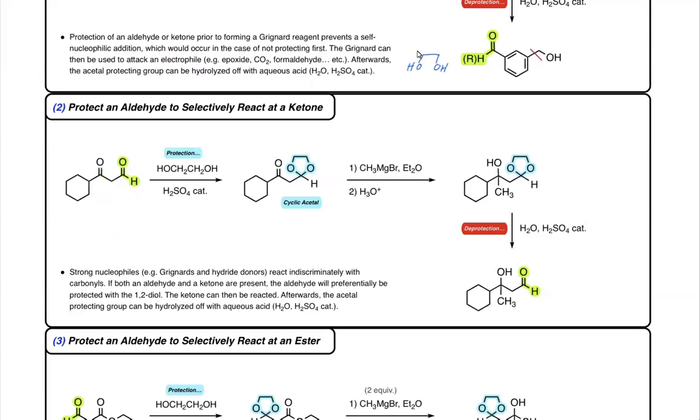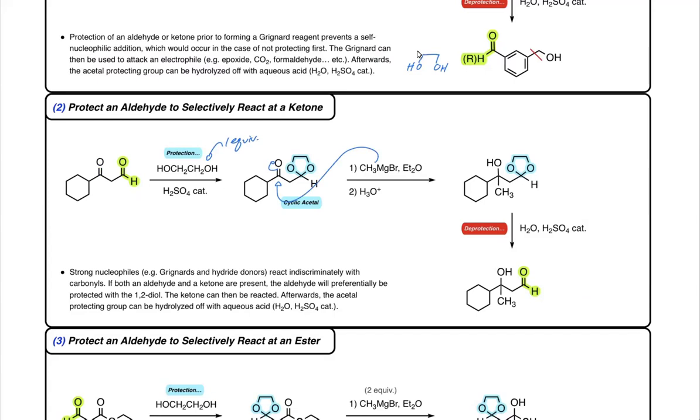So if we want to preserve that aldehyde but react the ketone preferentially, we will react with our 1,2-diol. We're going to assume that that's included in a 1 equivalent amount. And it preferentially protects the aldehyde over the ketone because the aldehyde is the more reactive carbonyl. Once we've protected the aldehyde, we could then react the ketone with our Grignard reagent and then do an acid workup step.